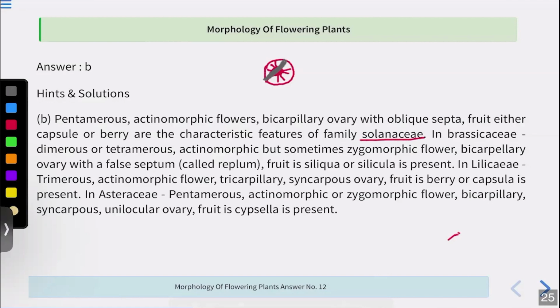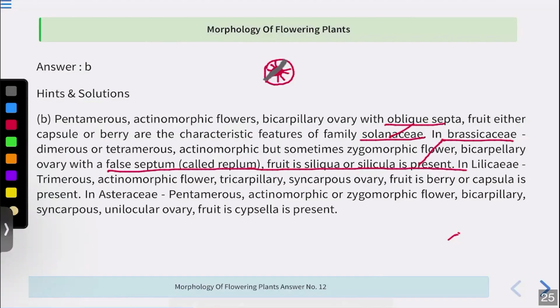In Brassicaceae, dimerous or tetramerous actinomorphic but sometimes zygomorphic flower, bicarpellary ovary with false septum. So for Brassicaceae, you will remember false septum. Oblique septum, you will remember for Solanaceae. These are very typical terms which you should not forget.